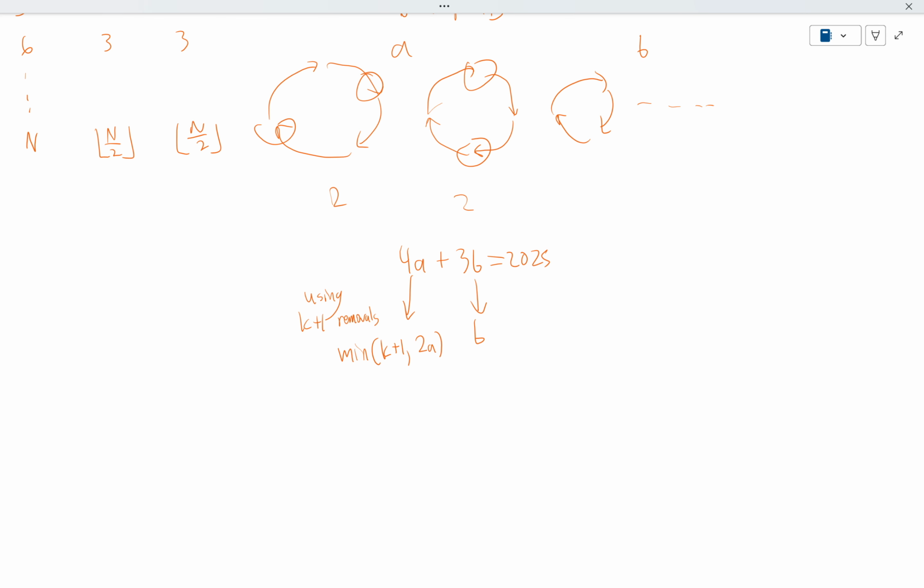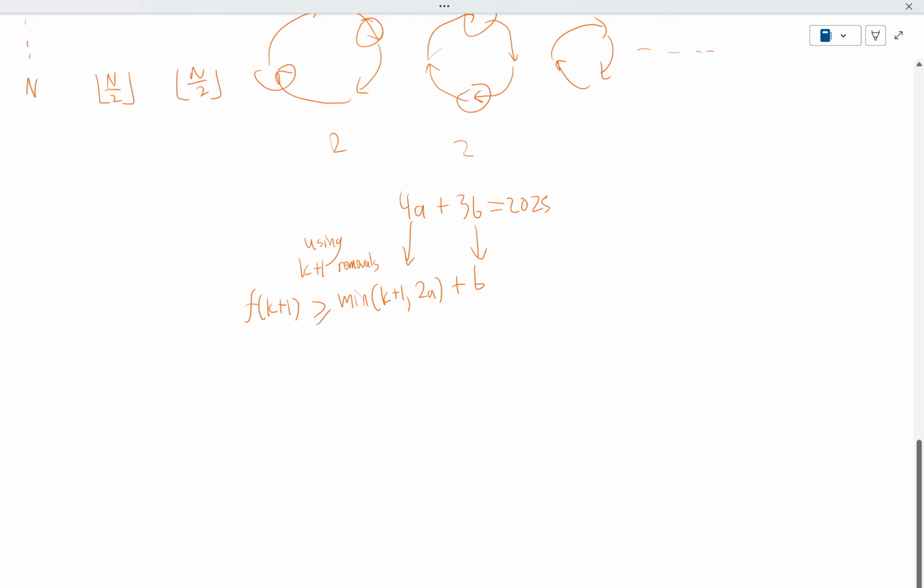And the number of points that she gets is that. And notice this is greater than or equal to the case where there's the most number of B's, right? So this does not depend on K.